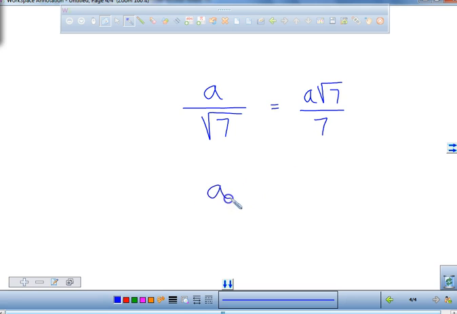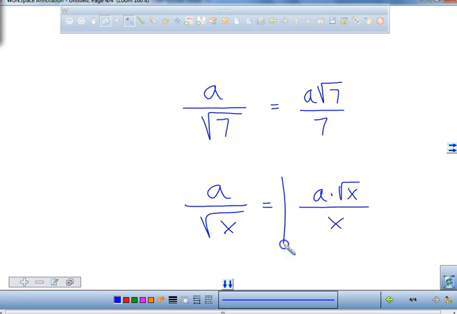If I said, what's a divided by radical x? I know what my answer would be. Without doing a whole lot of work, I know it's going to be a times radical x over x. So if you wanted to, you could write this down. Hey, this is how you could do it every single time.